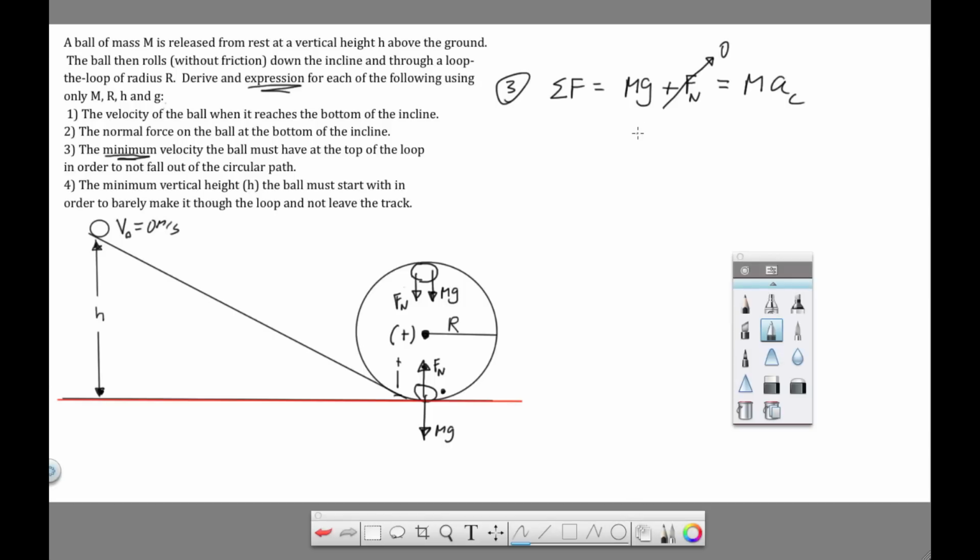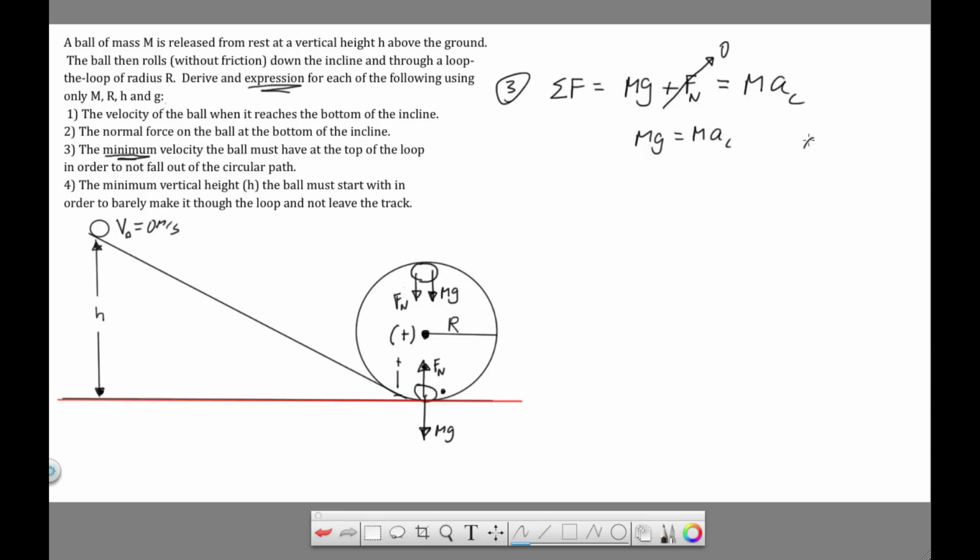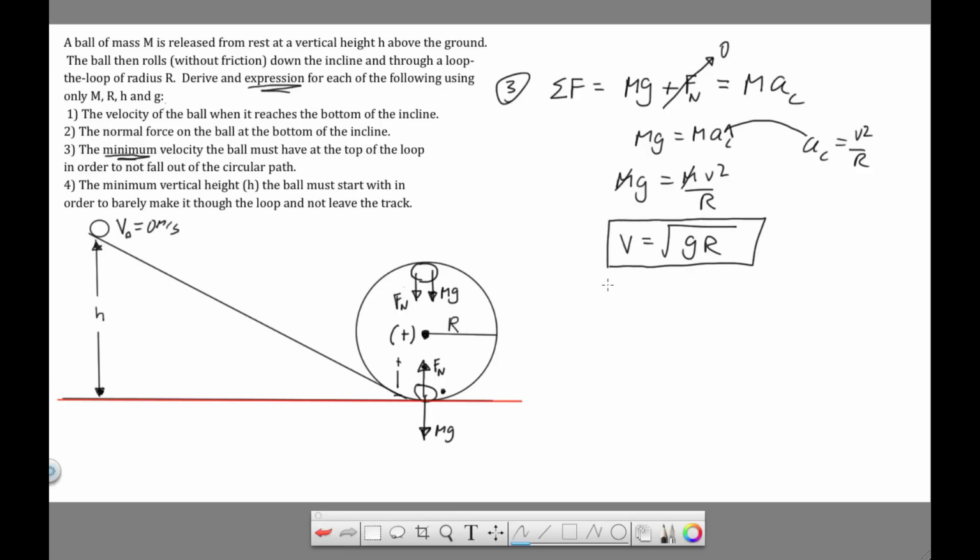So what we're left with is mg equals m a_c, and we know that centripetal acceleration is v squared over r, so we plug that in. Now we have mg equals m v squared over r. The m cancels, and we get velocity equals the square root of gr, which is the minimum velocity in order for the ball to make it through the top of the loop.